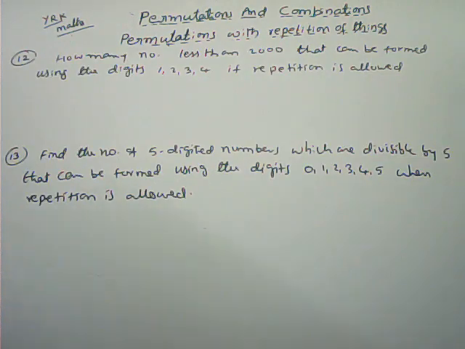Next one. How many numbers less than 2000 can be formed using the digits 1, 2, 3, 4? So here, how many numbers less than 2000? Here repetition is allowed.